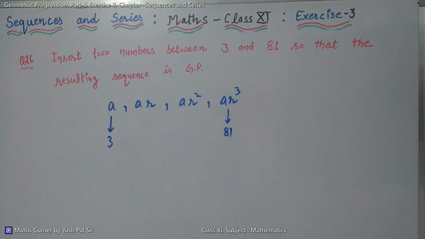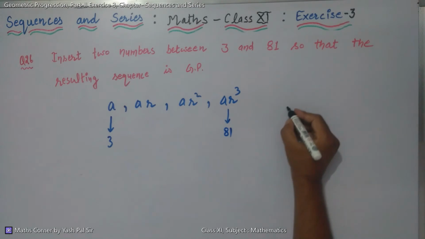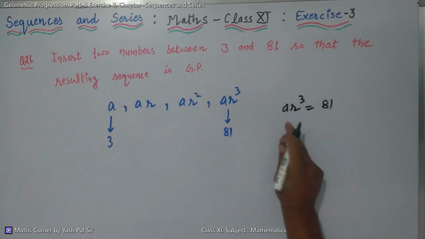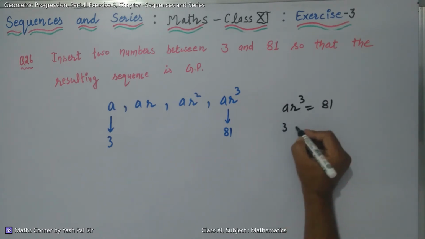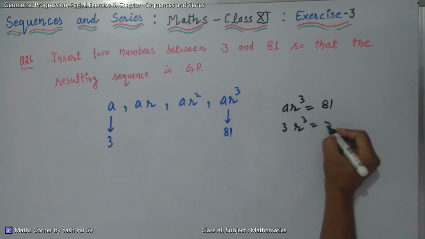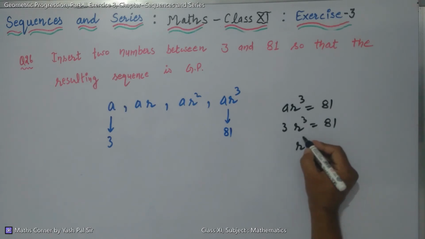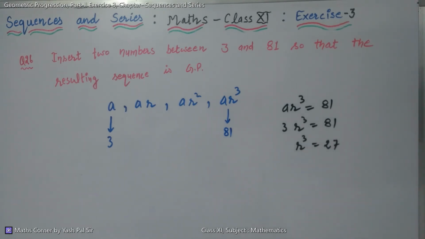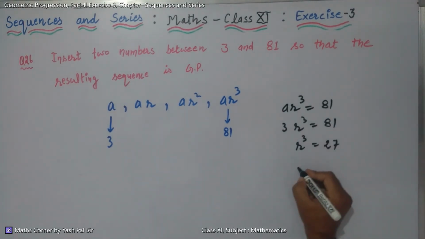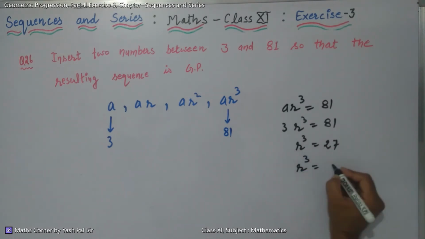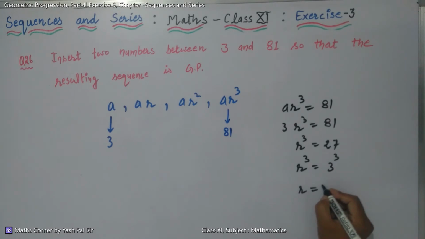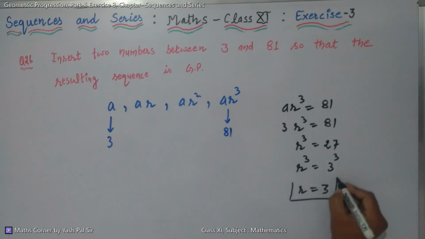So what we can do here, we put A into R raised to power 3 equal to 81. The value of A is 3, so R raised to power 3 is equal to 81 divided by 3, that is 27. This way R raised to power 3 is equal to 3 raised to power 3, which gives us the value of R equal to 3.